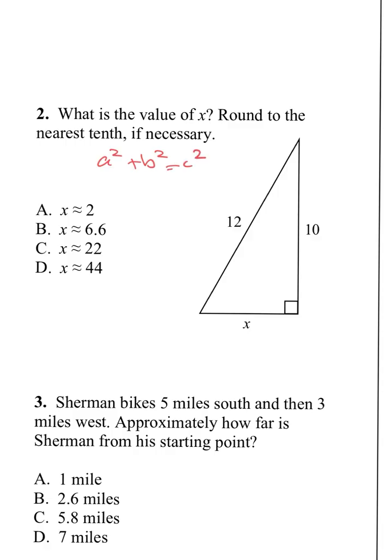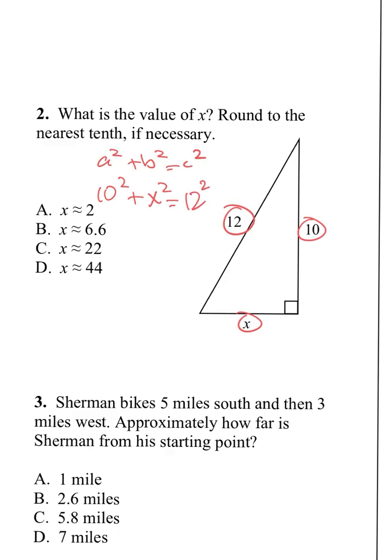Let's plug in the values we know. We know one of the legs, that's 10, and we know the hypotenuse, which is 12. So 10 squared, plus x squared for the other leg, equals the hypotenuse squared, which is 12 squared.